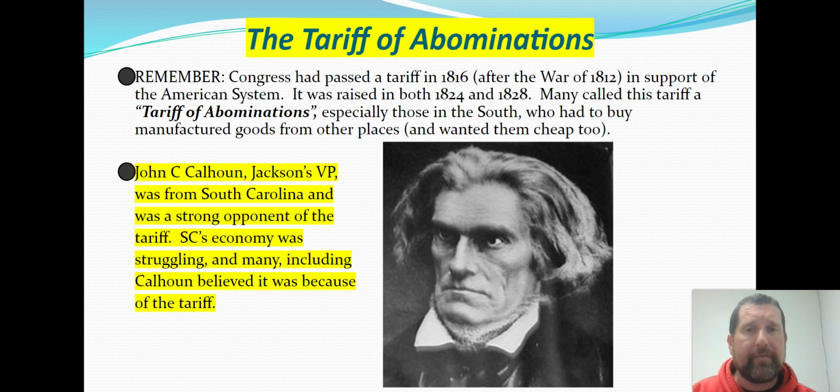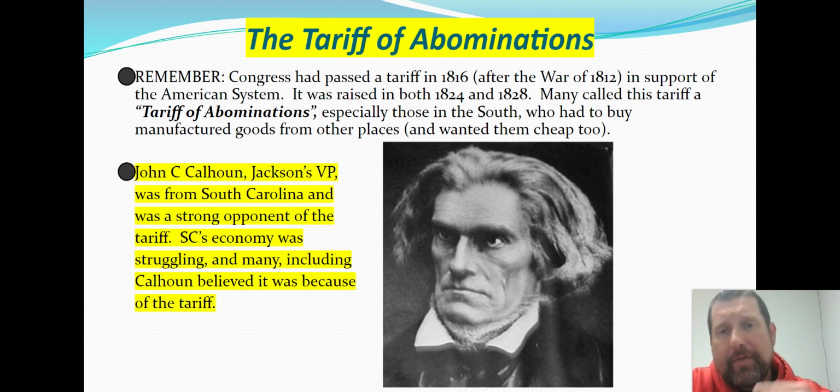That's what it does. A tariff raises taxes on imported products, therefore falsely inflating those prices, and therefore protecting American manufacturers, so that they can charge inflated prices of their own because they're not left to compete with imports.